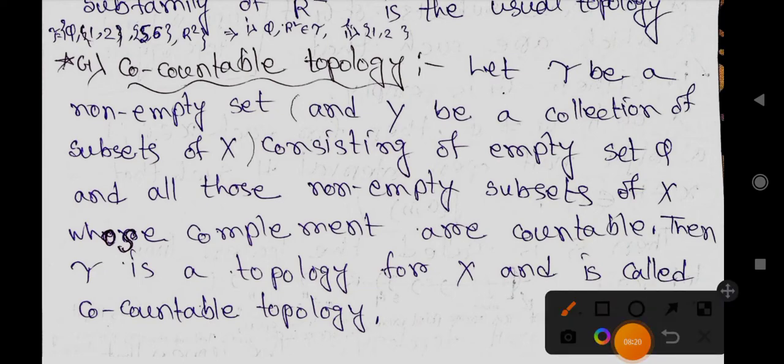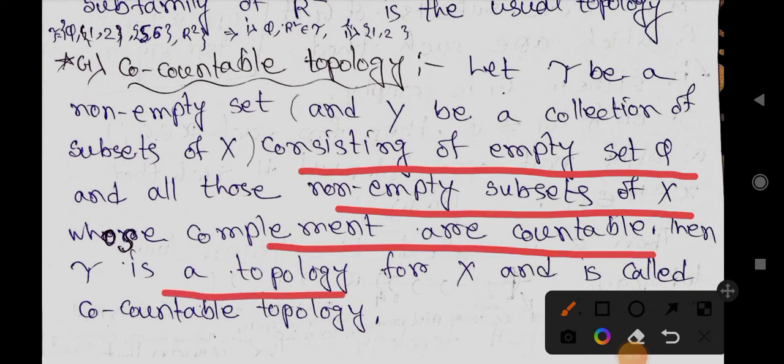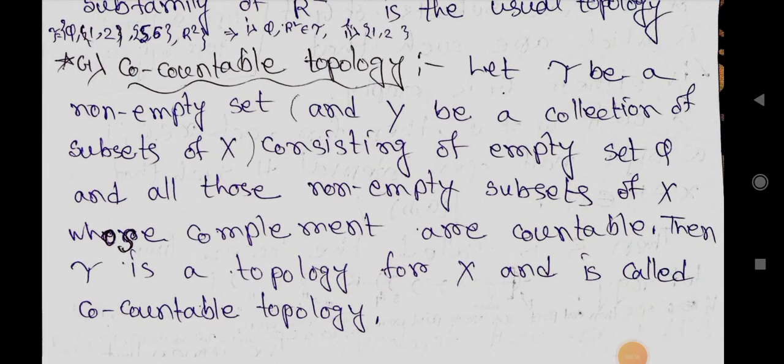So what is co-countable topology? A topology consisting of the empty set phi and non-empty subsets of X whose complements are countable is called co-countable topology.